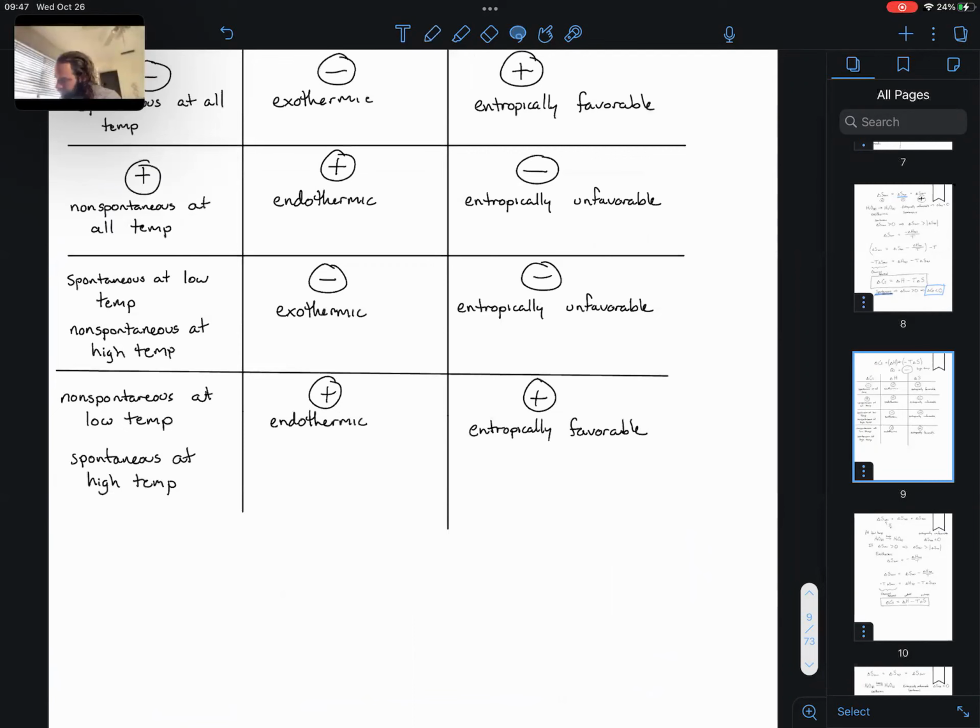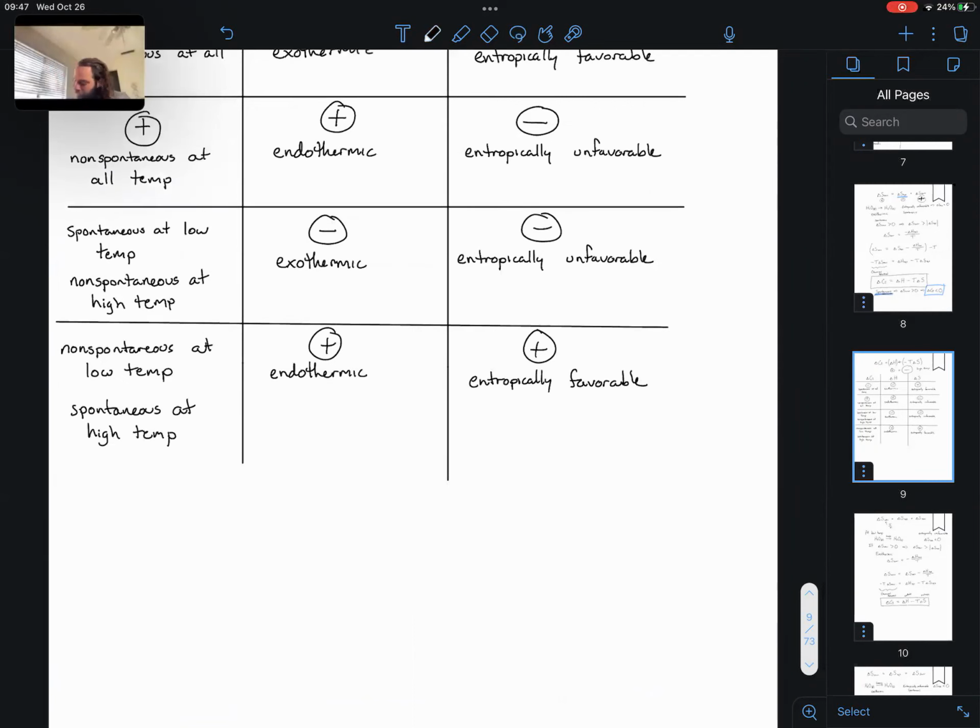I'm going to put two phase changes down: melting, going from a solid to a liquid, versus freezing, going from a liquid to a solid.